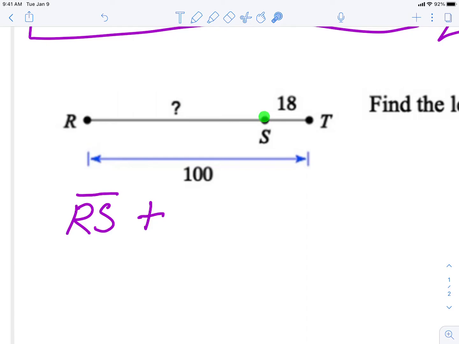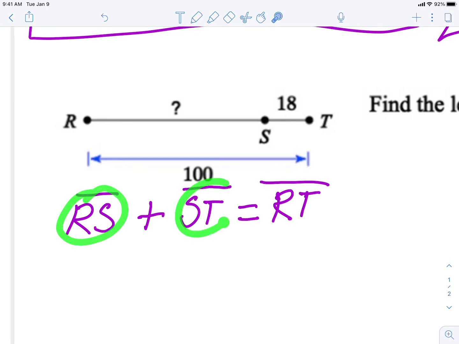The second short goes from the middle to the side, which is S to T. So ST, with a line over it, is equal to the long segment, which is R all the way to T. So short plus short is equal to long, right?